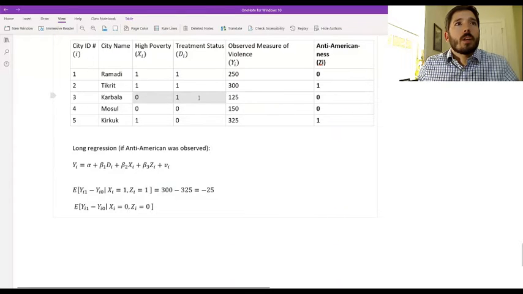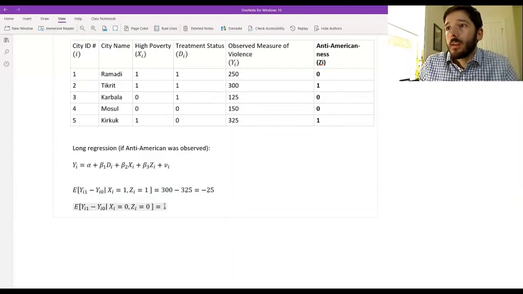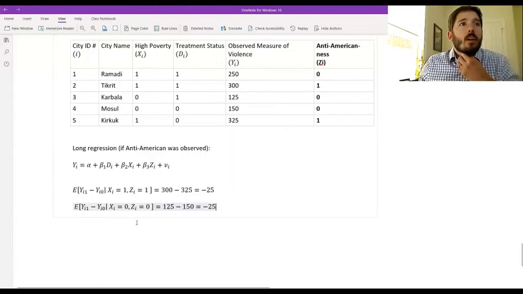Karbala is treated, Mosul is not treated. Within that sample, we've got 125 minus 150 equals minus 25.